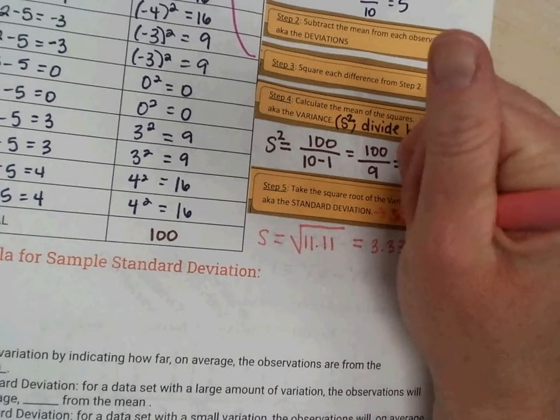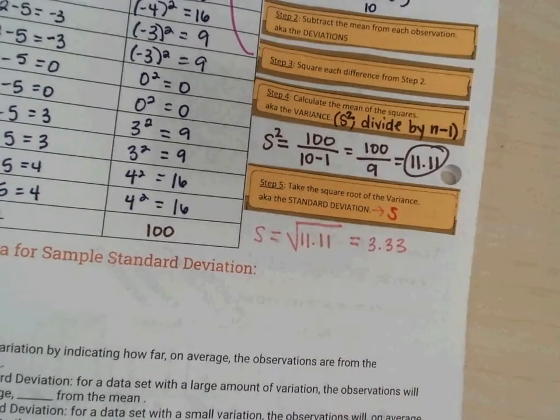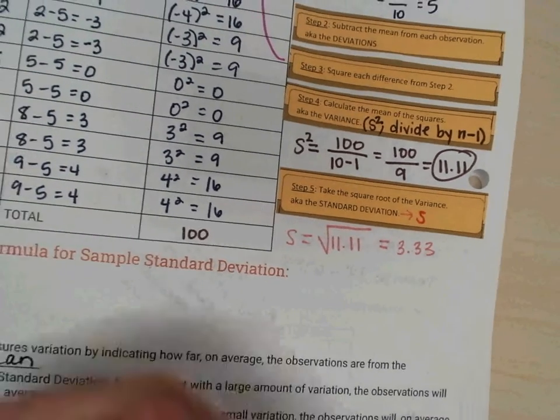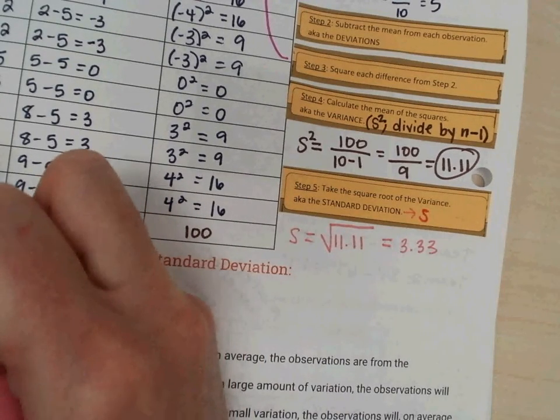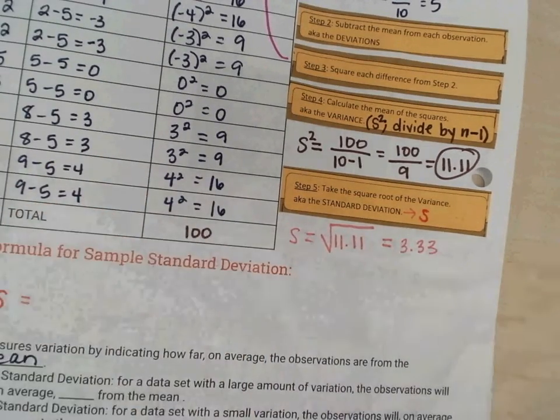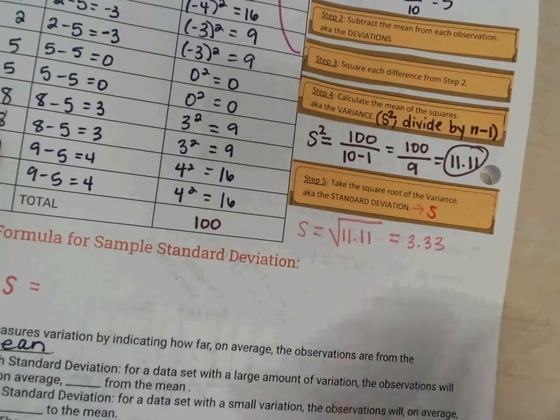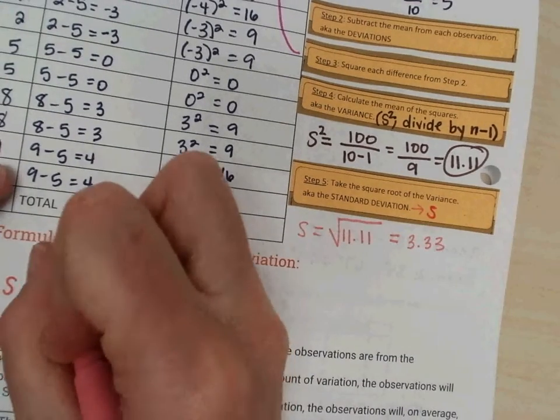It's an s. That's the symbol for standard deviation, a lowercase s. Me? Yikes. I'm going to work on my self-consciousness about my lowercase s's now.